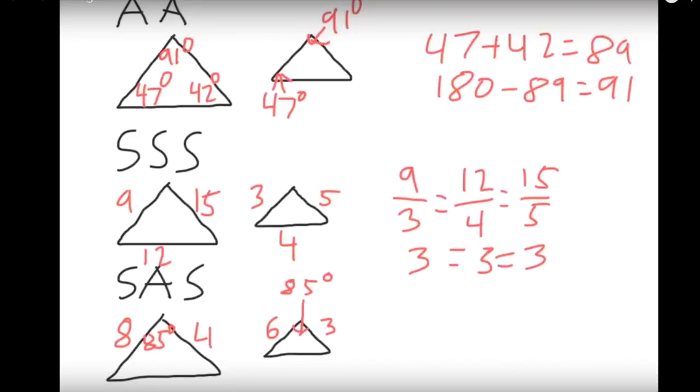Just like we did on the other one, we say 8 corresponds to 6, 4 corresponds to 3. Well, 8 over 6 is 4/3. And 4/3 doesn't reduce anymore. Stays 4/3. So we've got 4/3 equals 4/3. Those two are proportional with an angle in between them, meaning that these two triangles are similar by side, angle, side.